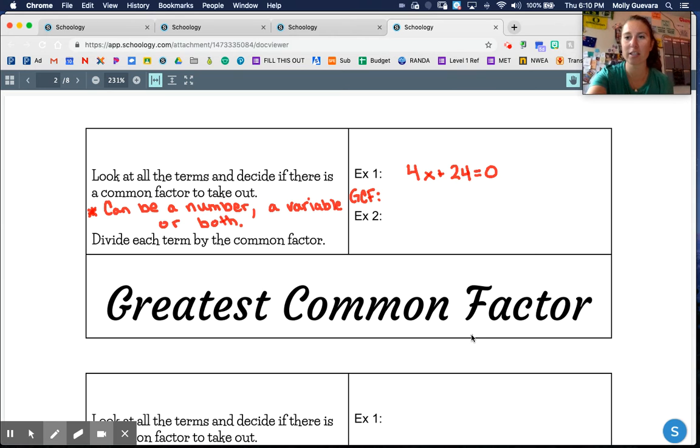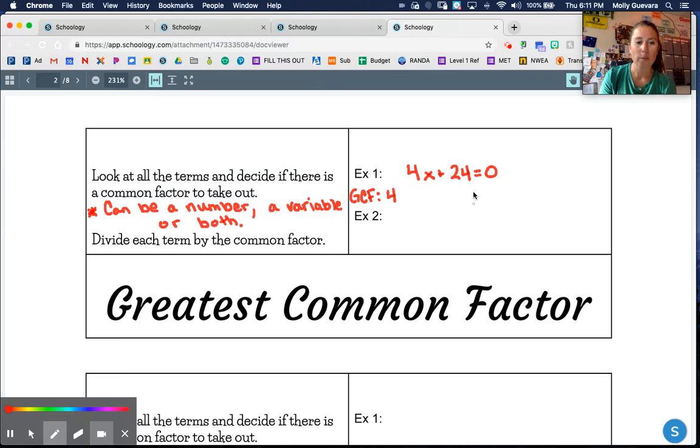My strategy for this typically is I look at my coefficients first. In this case, I have a 4 and a 24. The biggest number that goes into both 4 and 24 is 4. So I know I can take out a 4. Then the first term has an x, but the second term doesn't have an x. So I'm not able to take out an x, because there's no x in the second term. So in this problem, my greatest common factor is just 4.